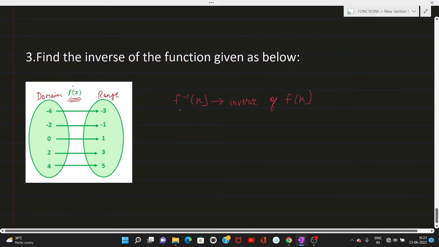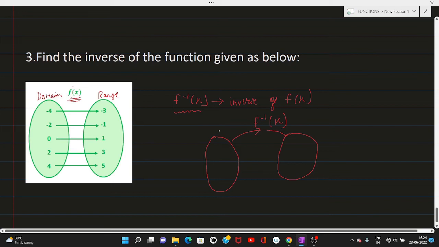And as I said, the inverse of a function is obtained by interchanging domain and range. So domain will become range and range will become domain. So our required answer will be here we mention f inverse x.